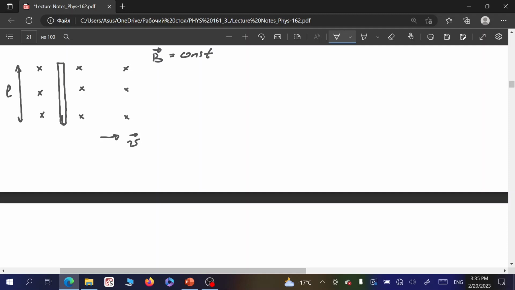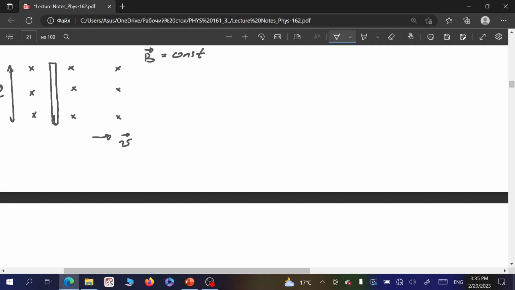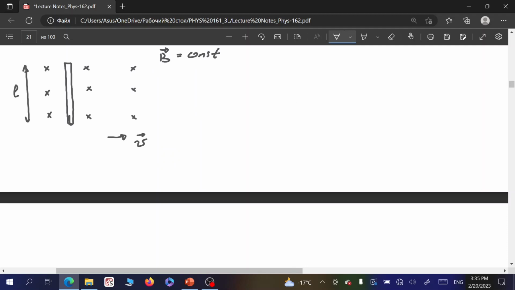So now we know, let's say this conductor is some metal. What is the feature of metals? They have mobile electrons, which are negatively charged carriers. So we have some negatively charged electrons inside this conductor.